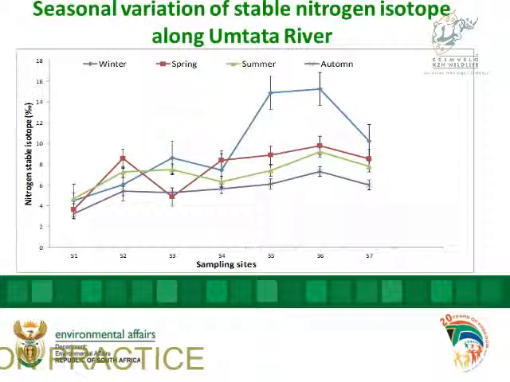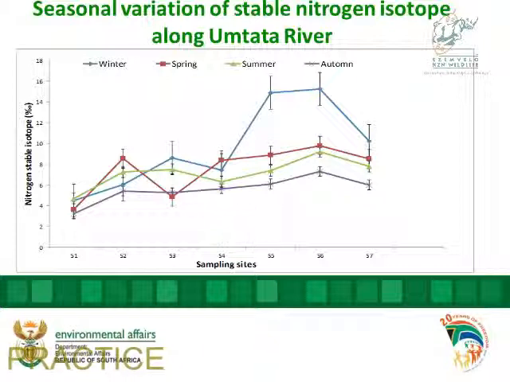Coming to seasonal variations of nitrogen isotopes along the Umtata River, we found out that winter had the highest values of nitrogen-15 signature, and we attributed that to high nutrient concentrations in winter, and to the fact that the former Transkei area of South Africa is known to have dry winter conditions.